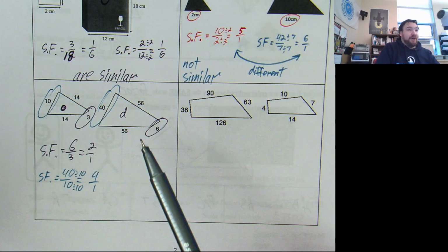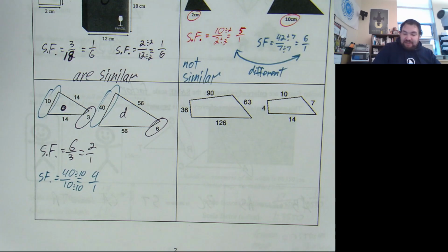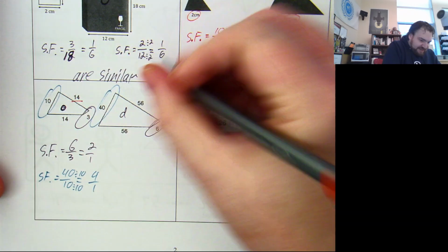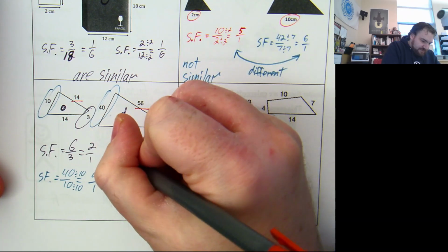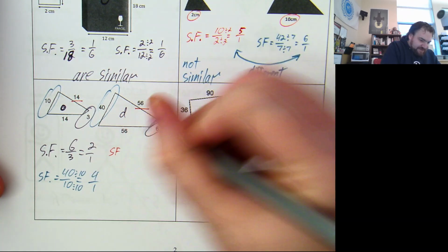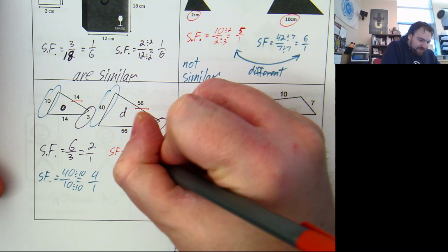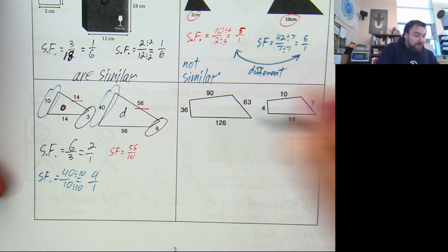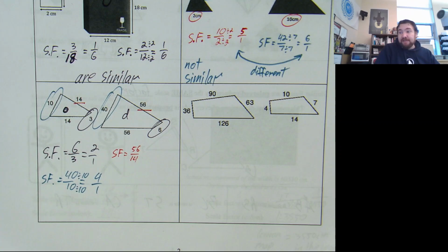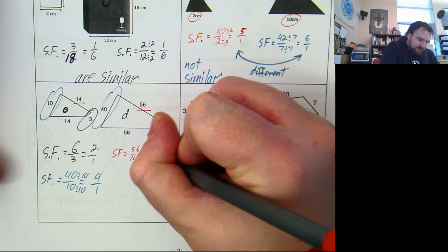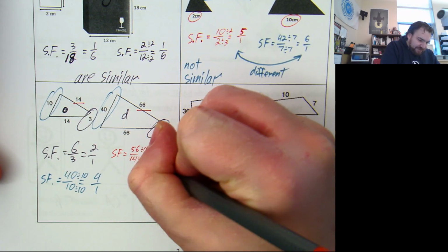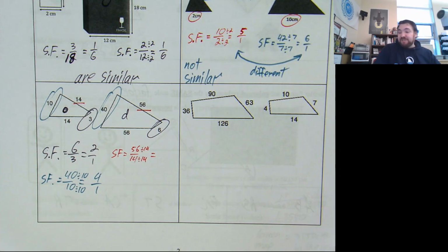If you're not careful, though, let's take a look at some of the other sides there. If I take a look at this guy and this guy, the scale factor there is going to be 56 over 14. Both of those are divisible by 14, believe it or not. 56 divided by 14, does anyone know?